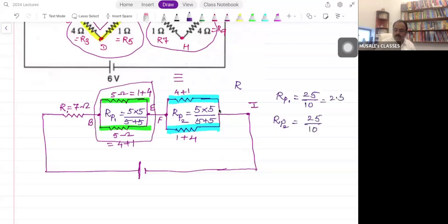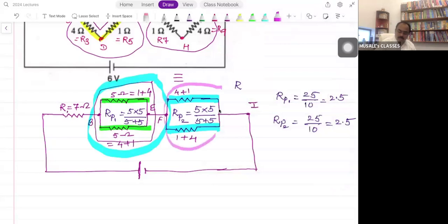This will be 2.5, this will be 2.5. They are in parallel because the current is getting divided. So because of this I am getting 2.5, and because of this I am getting 2.5.